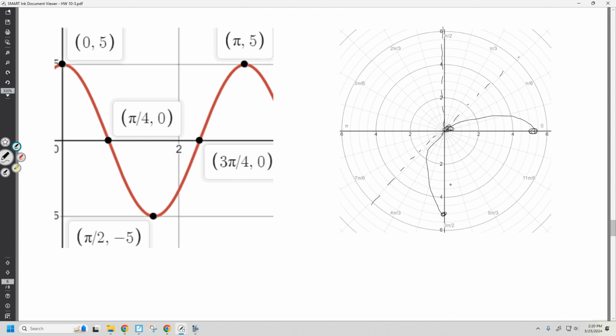Then, when I get to 3 pi over 4, whose opposite angles are over here, I need to get back to 0. And then from 3 pi over 4 to pi, I need to go to a radius of 5. We create this graph the following way.